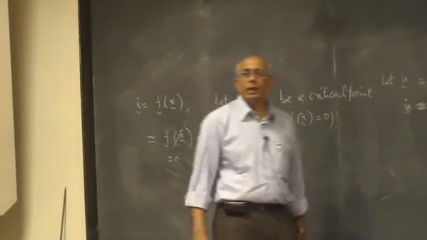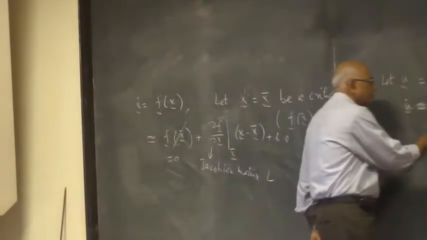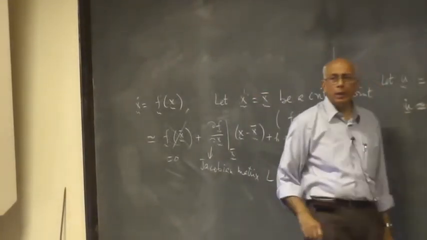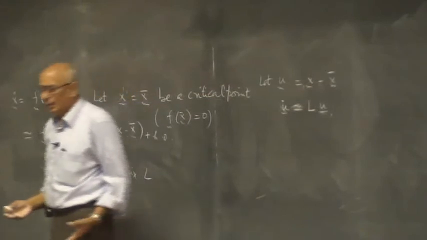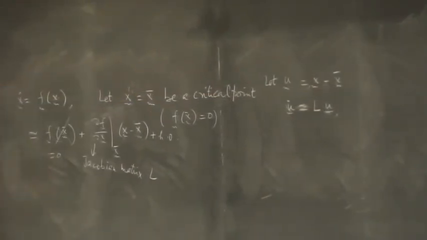In a sufficiently small neighborhood of this critical point, this is what the equation looks like. And it's a linear equation with constant coefficients. So we can solve that problem in a sufficiently small neighborhood. How small, I don't tell you at the moment.